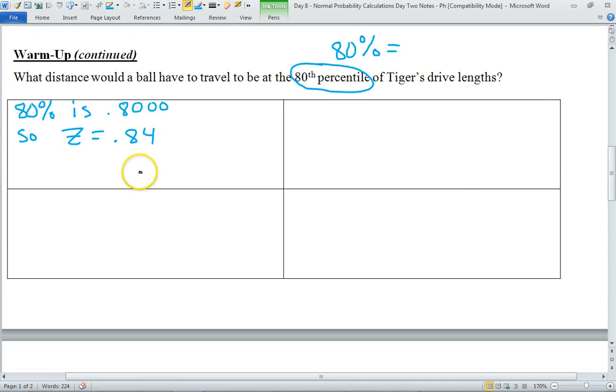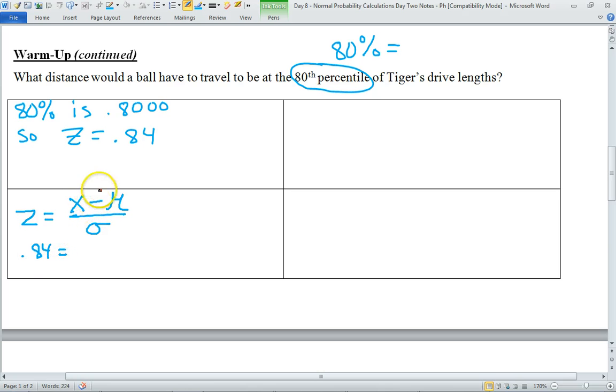So let's do our z-score calculation, you guys. Remember this formula? That the z-score was going to be the value minus the mean divided by the standard deviation, right? But this time I know the z-score. It's 0.84. Okay? So that's going to give me 0.84 equals.